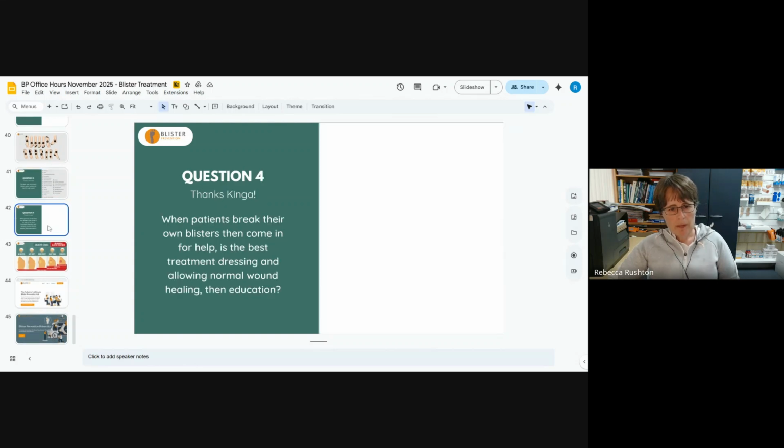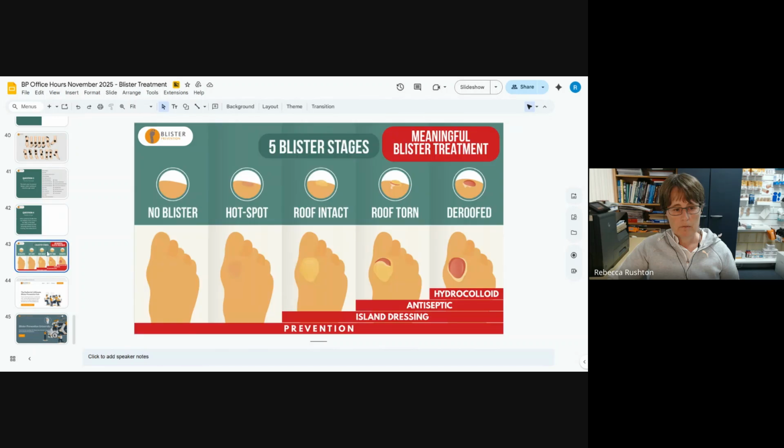Tinga asks, when patients break their own blisters then come in for help, is the best treatment dressing and allowing normal wound healing, then education? Well, yeah, I mean, we need the dressing and the antiseptic. So we need this, and we need to implement the prevention, and you need to educate your patient that we've got an open blister, be it torn or de-roofed.